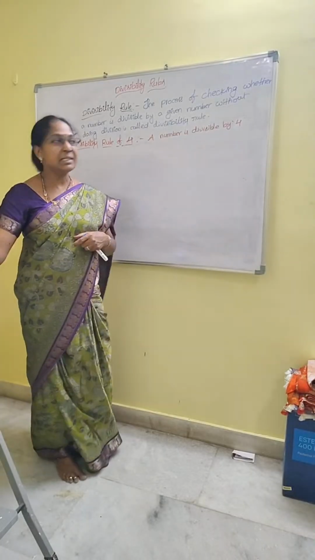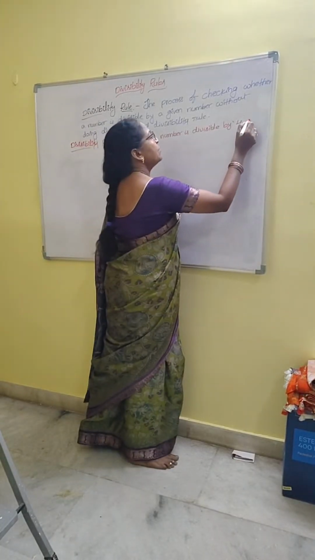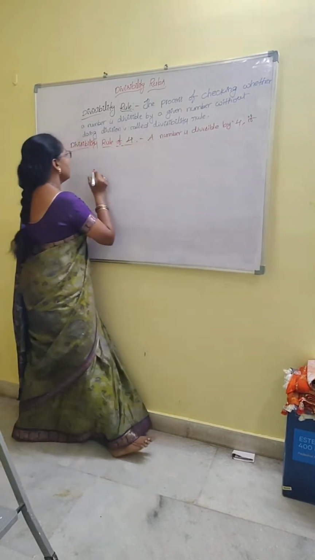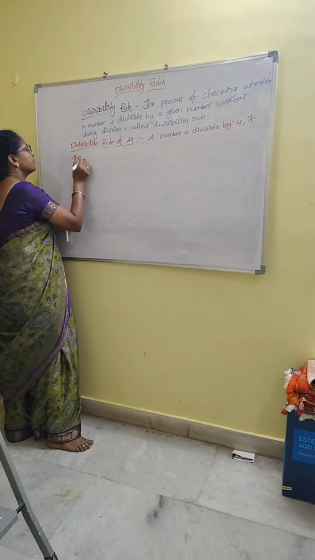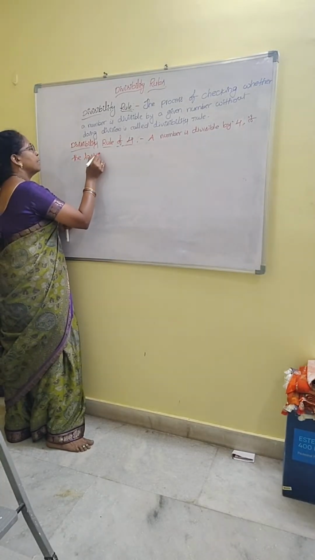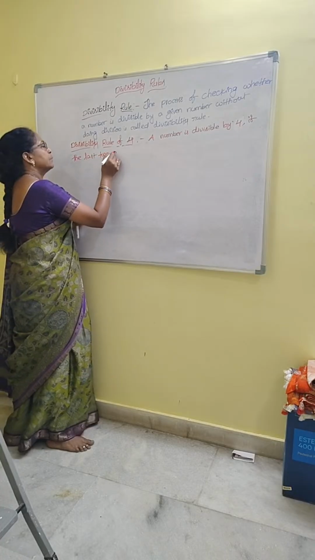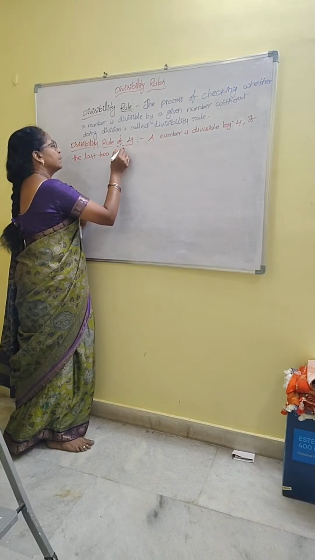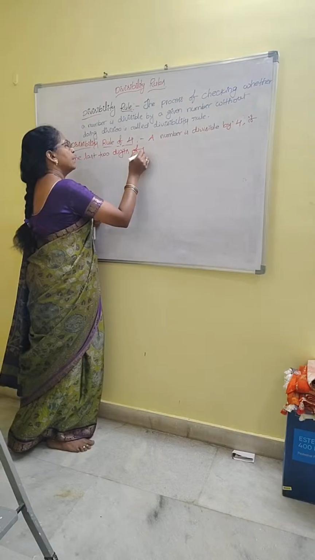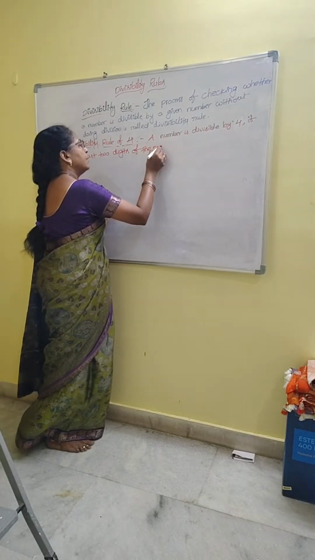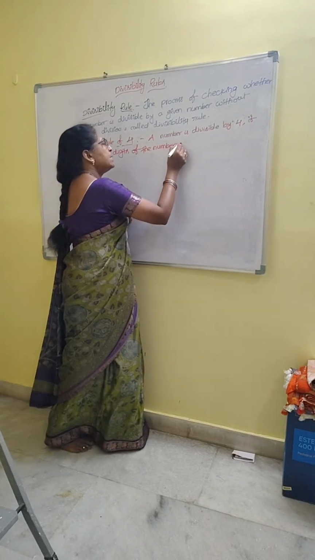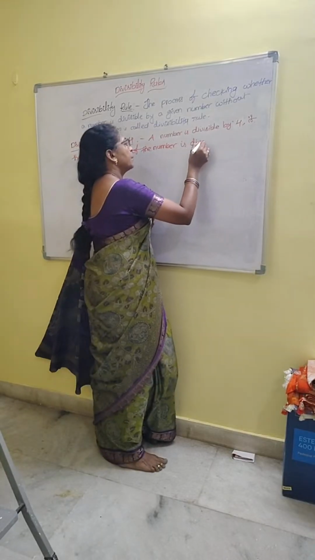A number is divisible by 4 if the last two digits of the number are divisible by 4.